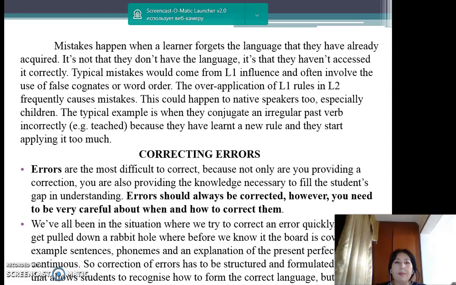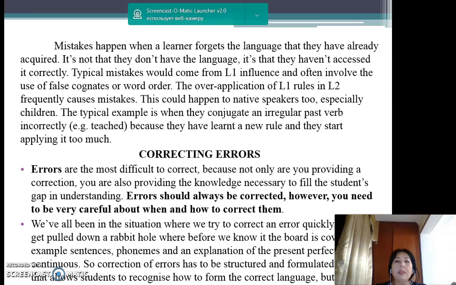Correcting errors. Errors are the most difficult to correct because not only are you providing correction, you are also providing the knowledge necessary to fill the student's gap in understanding. Errors should always be corrected. However, you need to be very careful about when and how to correct them.